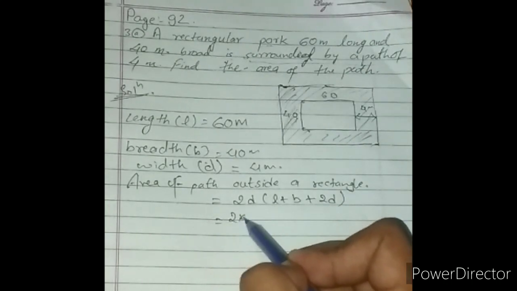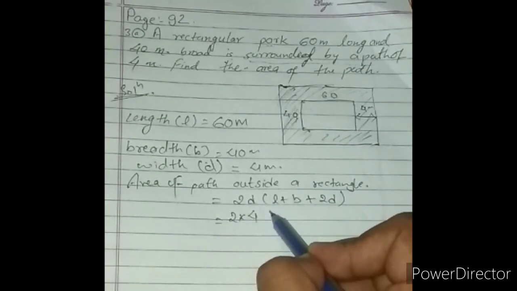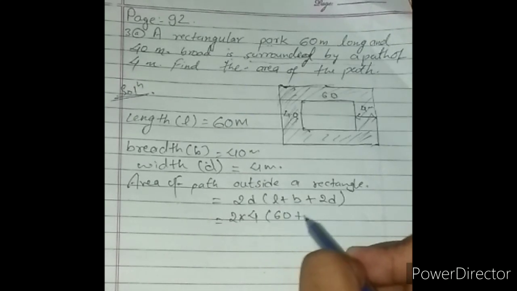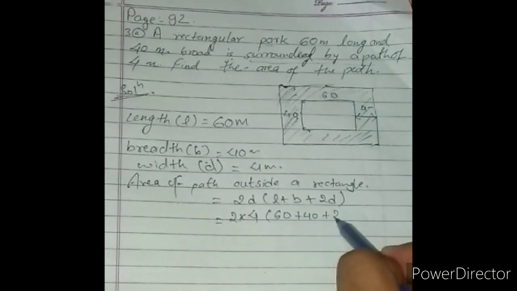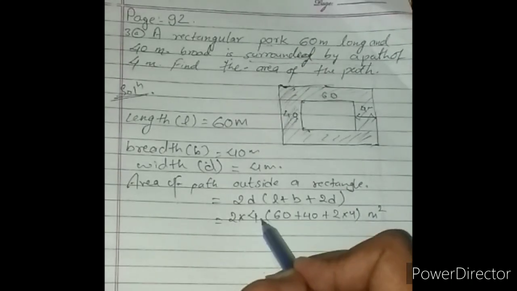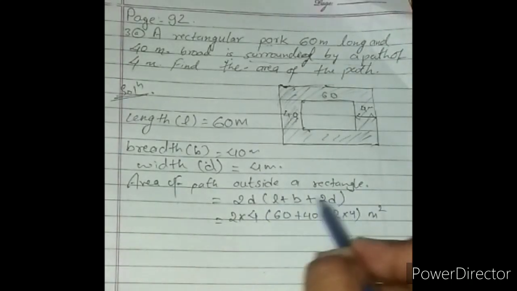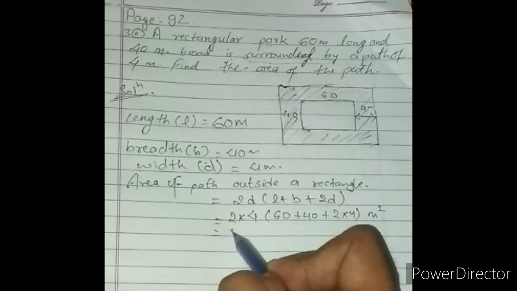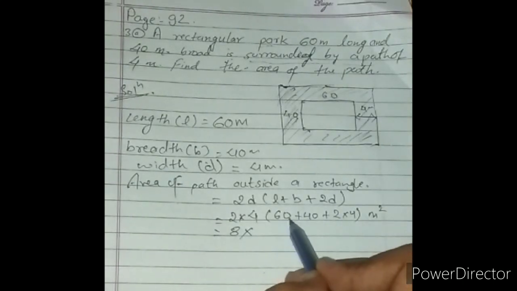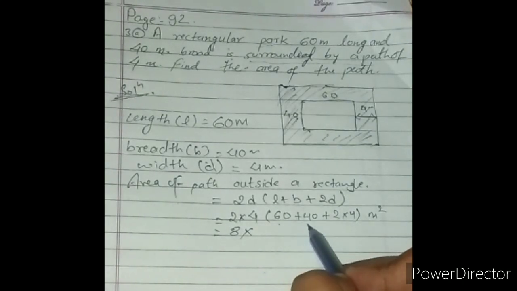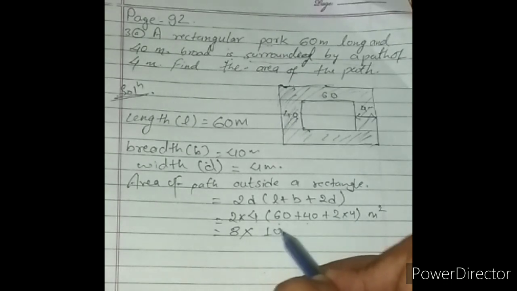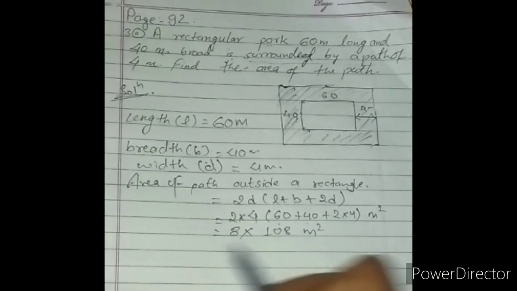2 into value of D is given 4. 60 plus 40 plus 2 into 4 meter square, because here it is meter and from this also we will get meter, so meter into meter is meter square. 8 into 60 plus 40, 108 meter square.